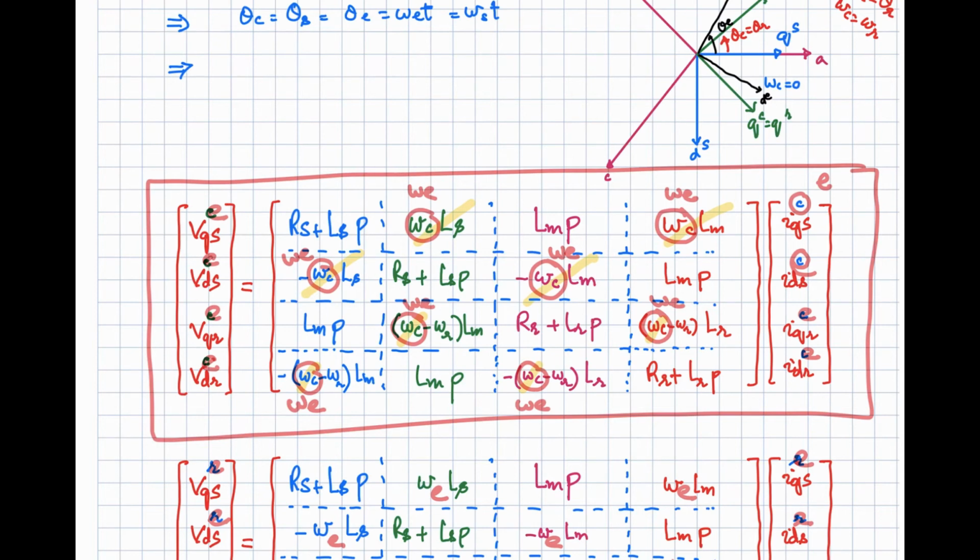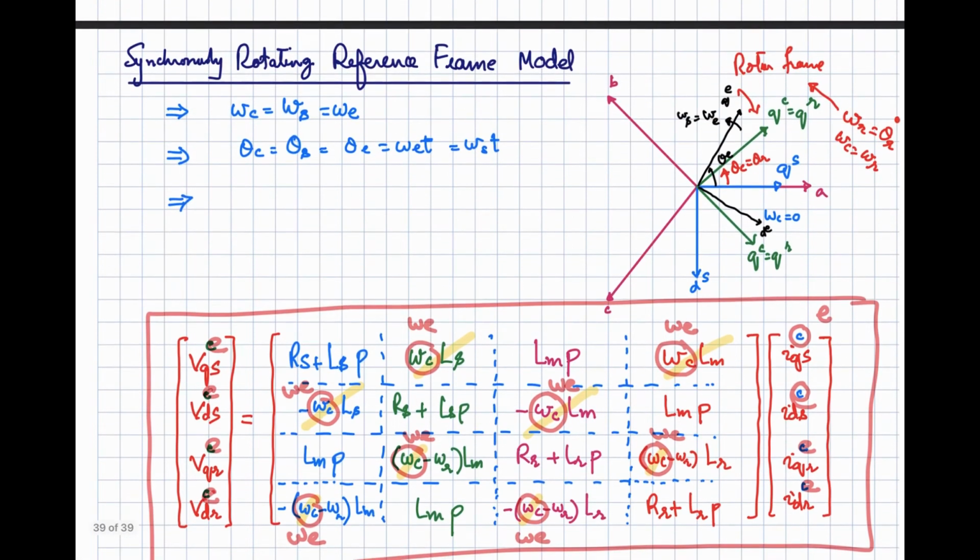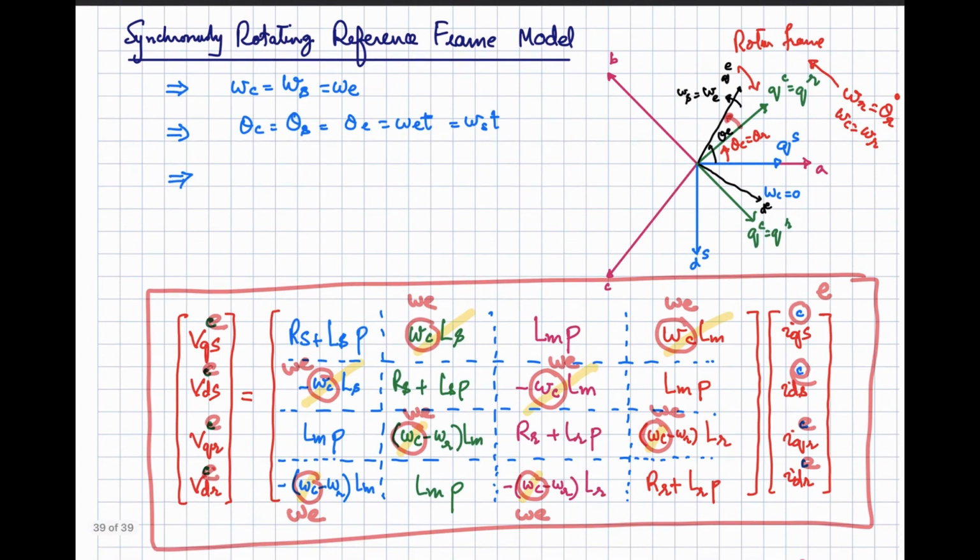And you know that the speed of the stator is the highest one in the case of the induction motor. The rotor lags behind the stator by the slip speed. So this angle, later on we will see, is basically the slip angle, the angle difference between the stator and the rotor frame of reference, because the difference of the stator speed and the rotor speed is the slip speed. So look, standing in the stationary frame of reference, this frame of reference will be rotating with the synchronous speed omega s or omega e.